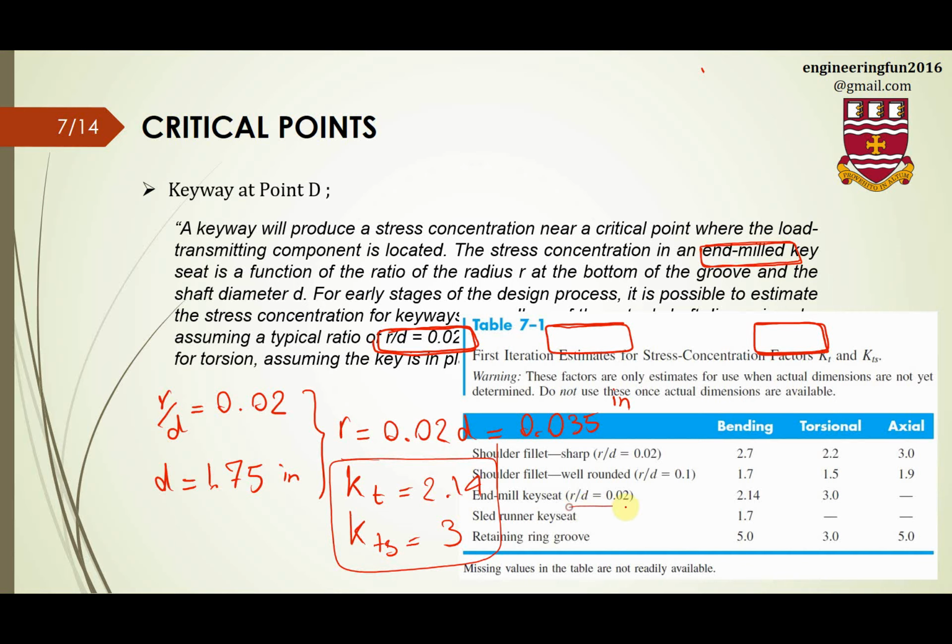That is the assumption that we used, and we didn't have any axial load. If we had one, we couldn't use this table, but we can use KT and KTS based on this table 7.1.